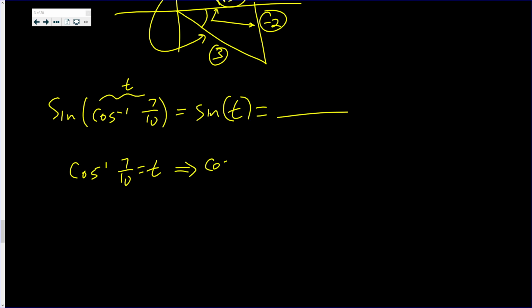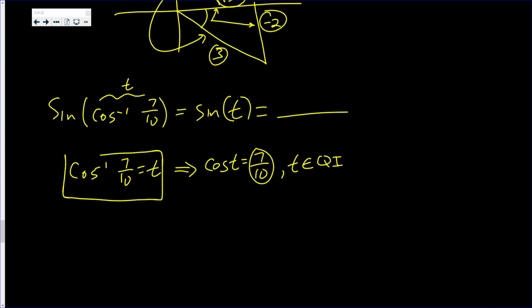That means that the cosine of t is 7 over 10, and since this is positive, t must be in quadrant 1, because all trig inverses are positive only in quadrant 1.